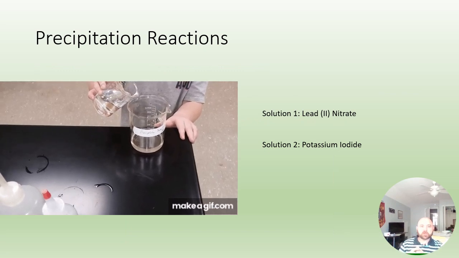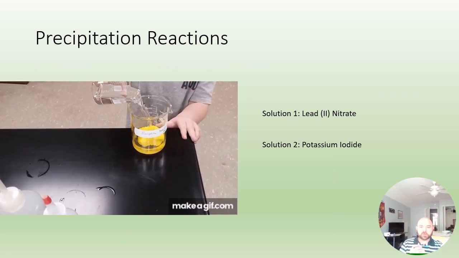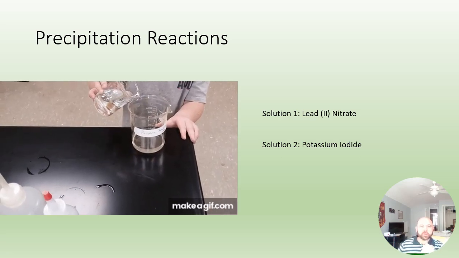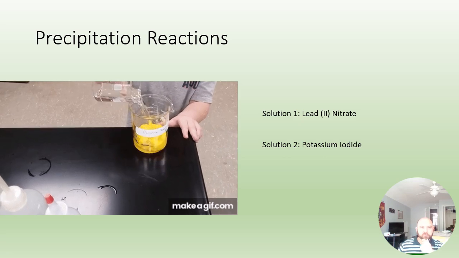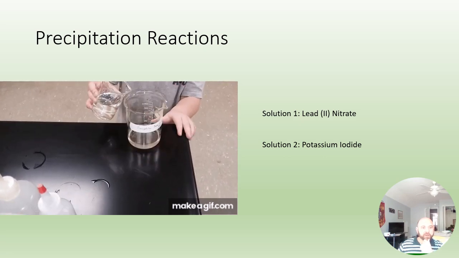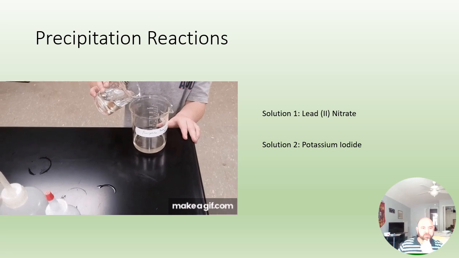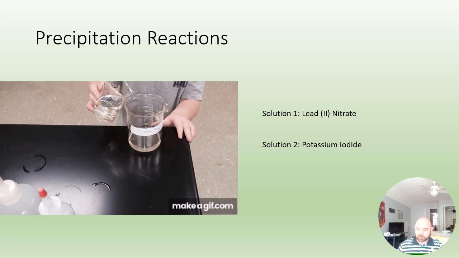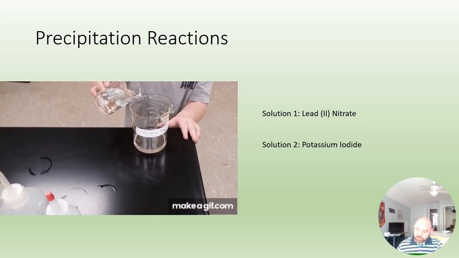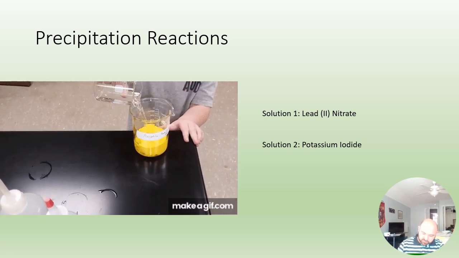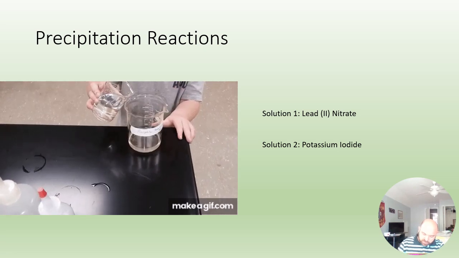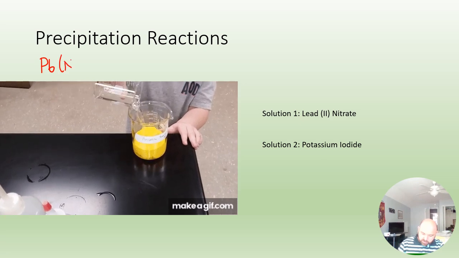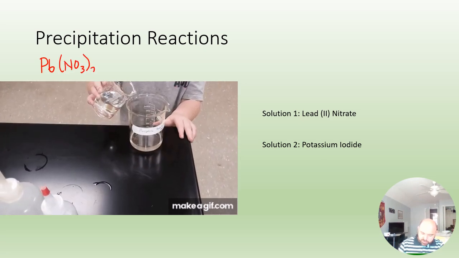So here on this slide you can actually see a precipitation reaction take place. In solution 1, we have lead 2 nitrate dissolved, and in solution 2, we have some potassium iodide dissolved. Let's try to figure out what product is produced from our reaction. Lead 2 nitrate has the formula Pb(NO3)2.